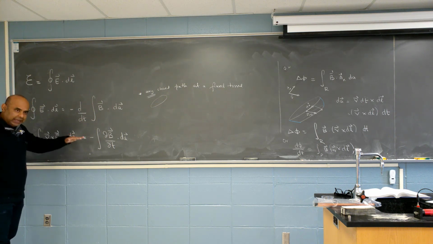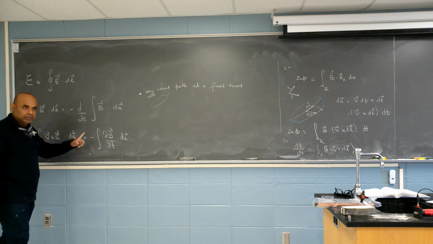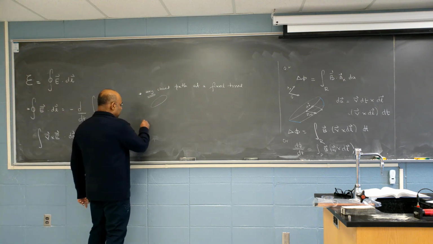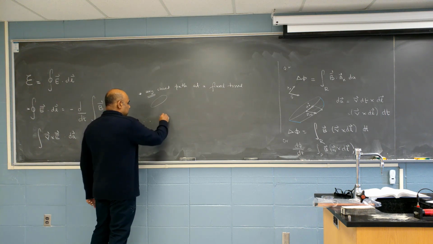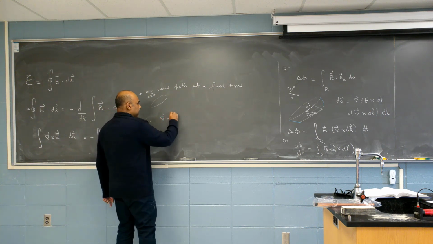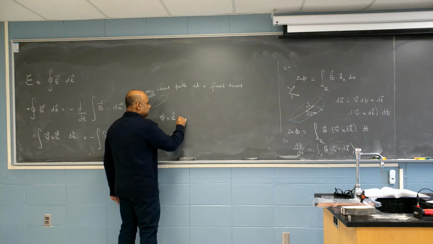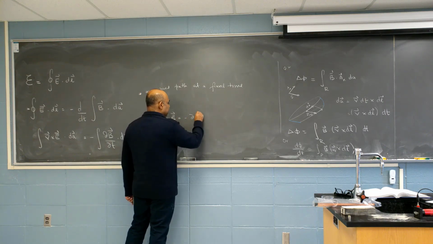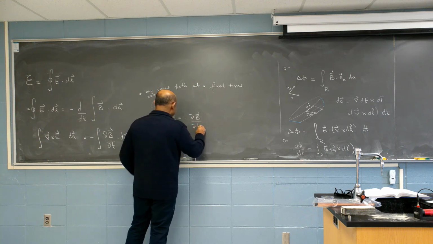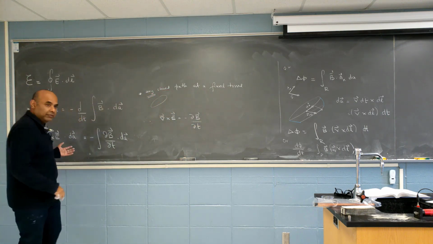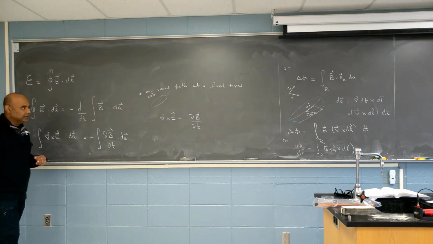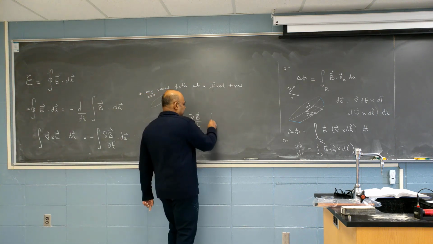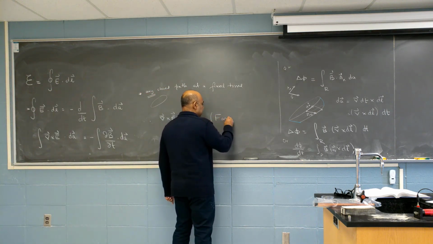This is true for any area, and so the integrands must be equal. Therefore, del cross E is equal to minus dB dt. This is the differential version of that. This is also referred to as Faraday's law of induction.